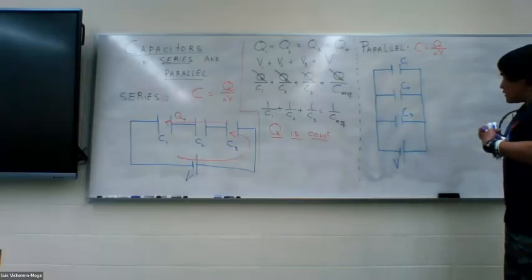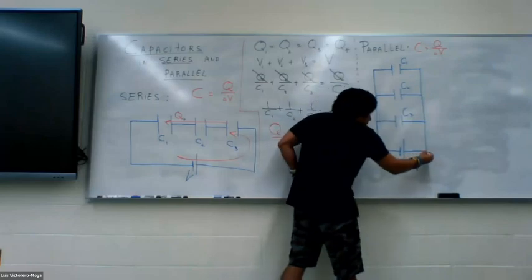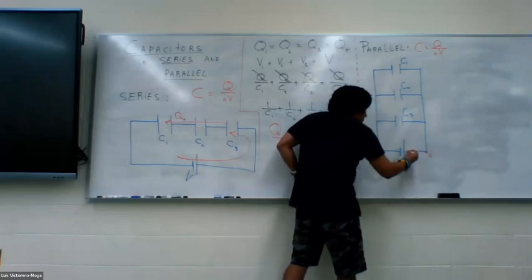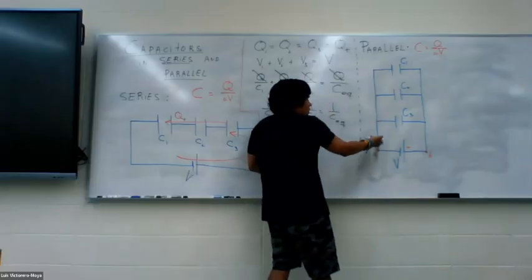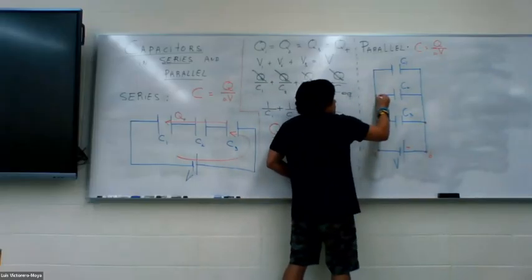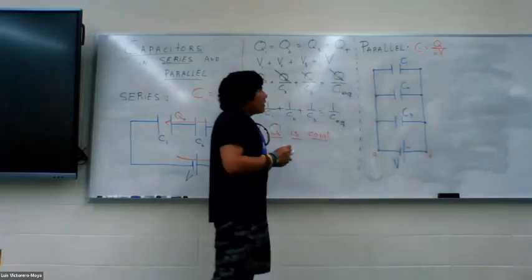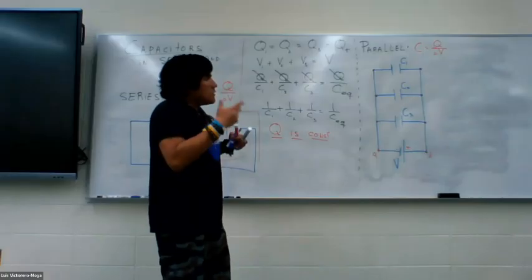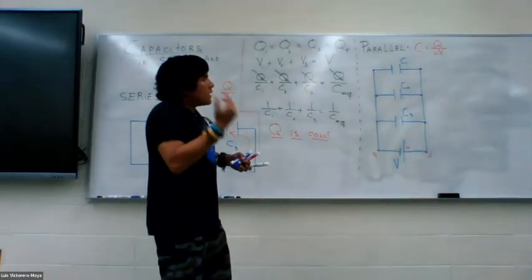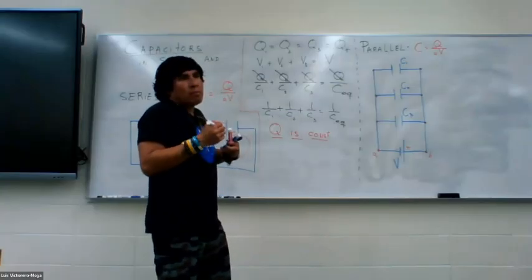What we notice is that these two ends, right? There is nothing in between here. So all of these capacitors are at the same potential, meaning that C1, C2, and C3 all have the same potential or voltage as the one provided by the power supply or battery.